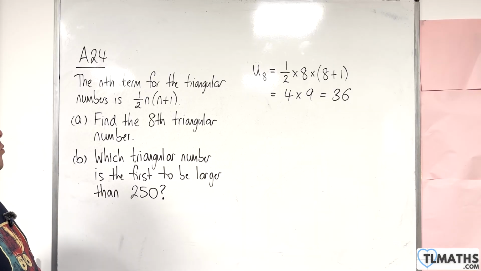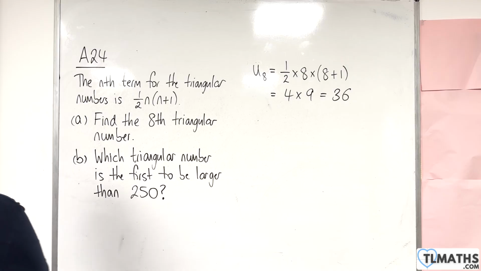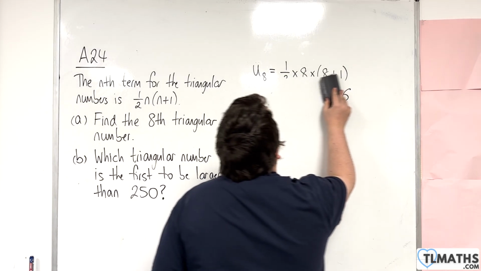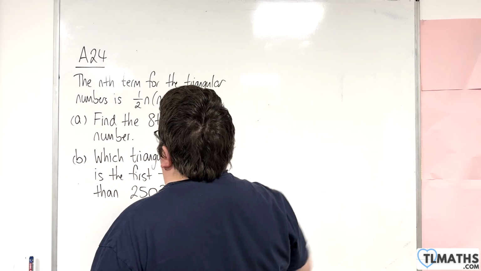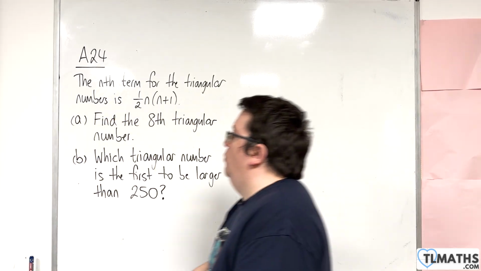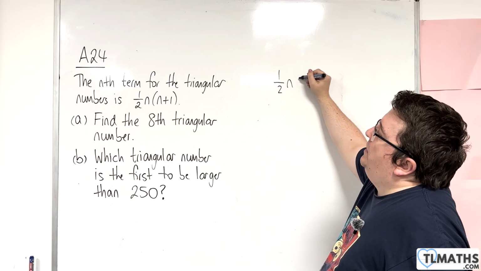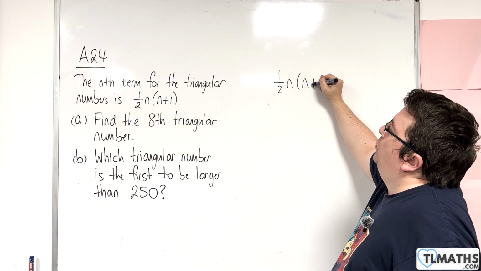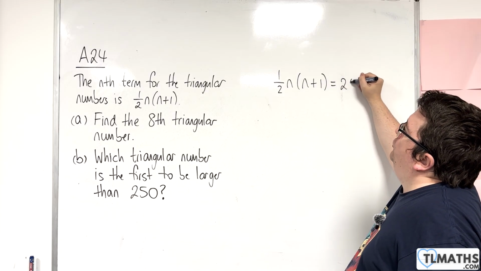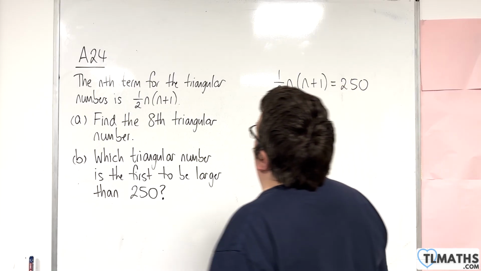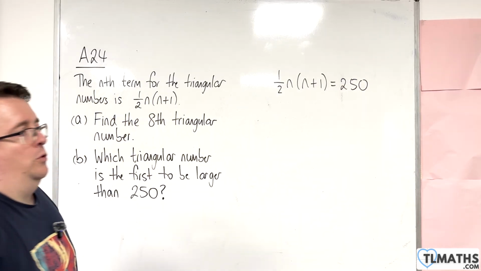Part B, which triangular number is the first to be larger than 250? So in order to work that out in a reasonable amount of time, we can put the nth term equal to 250. And we are going to solve this quadratic equation.